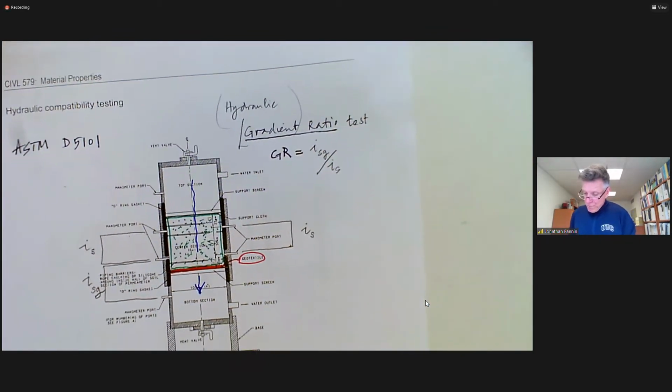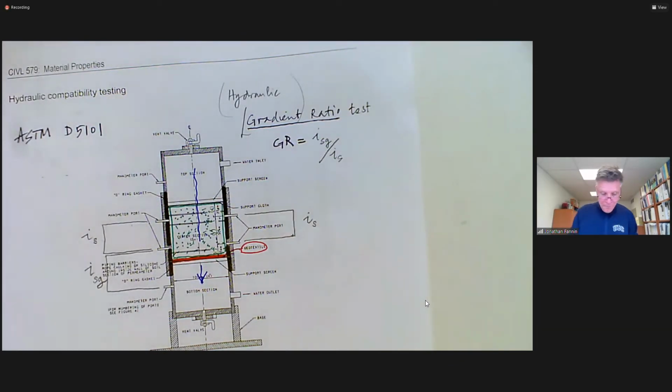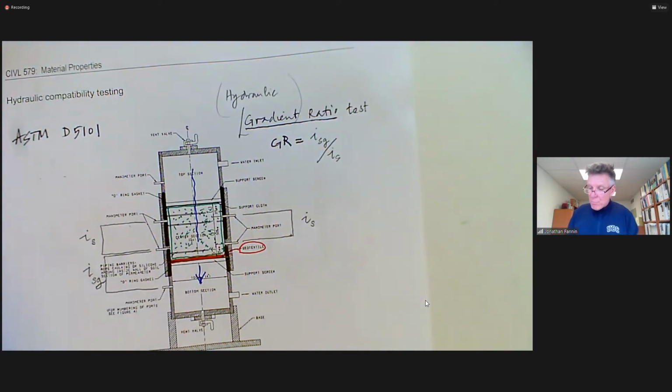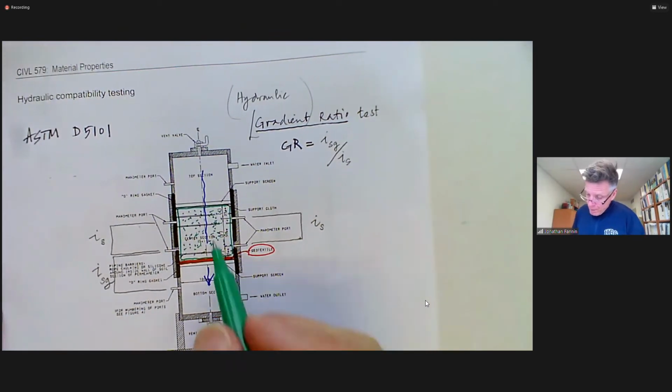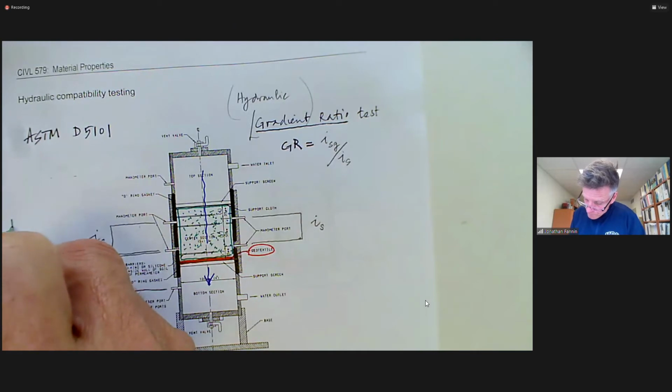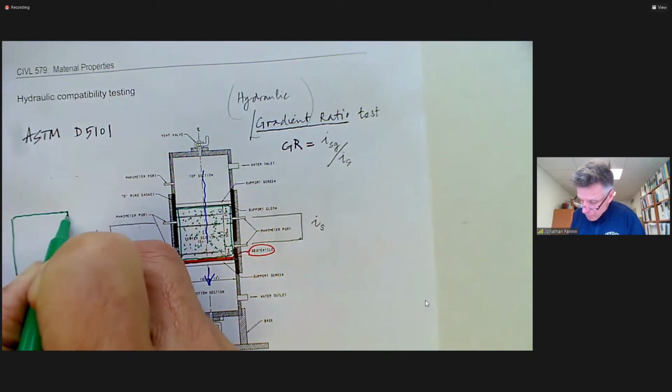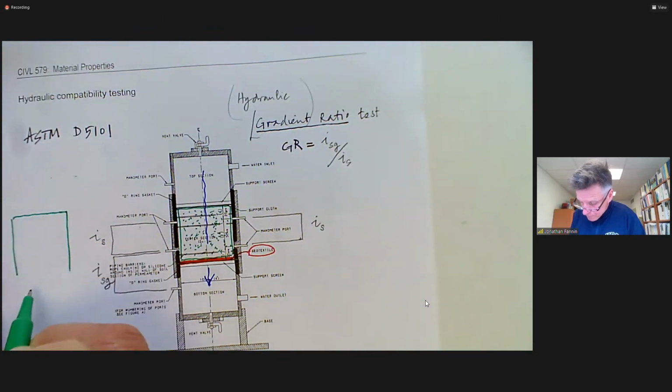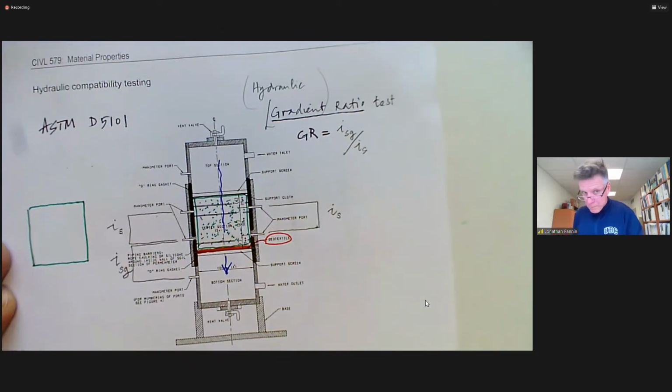Now, in the perfect world, let me take the green box out here. I'll put the geotextile on the bottom of it.